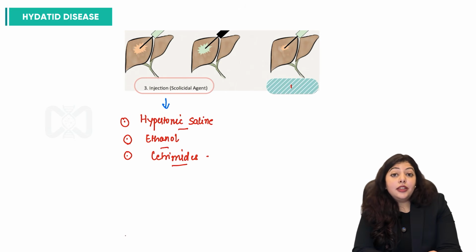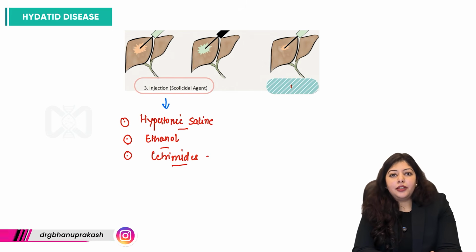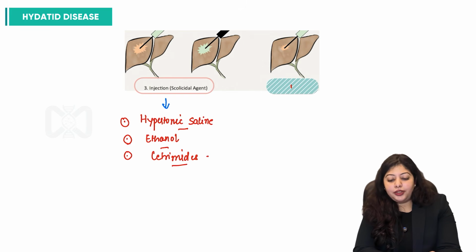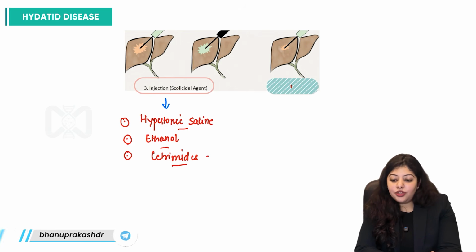So what are these going to do? These are going to kill the internal structure present in the cyst. So further developmental stages will be halted, right? And they will not lead to formation of multiple daughter cysts. There will not be any other development after injecting the scolicidal agent.